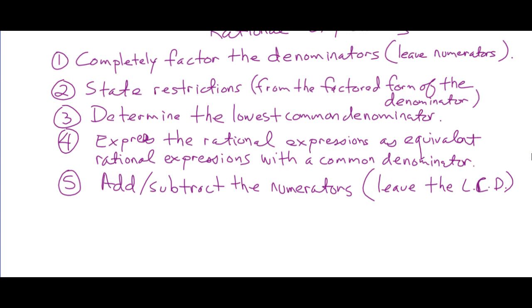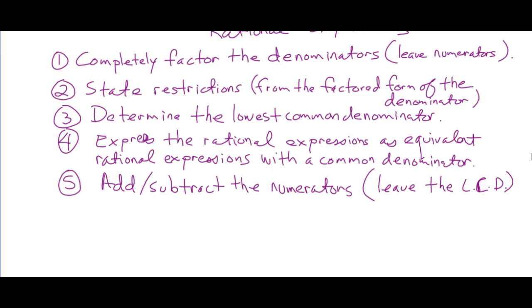So we're factoring everything, stating restrictions from factored form, figuring out the lowest common denominator, and rewriting one or both of the rational expressions so that they have that common denominator.